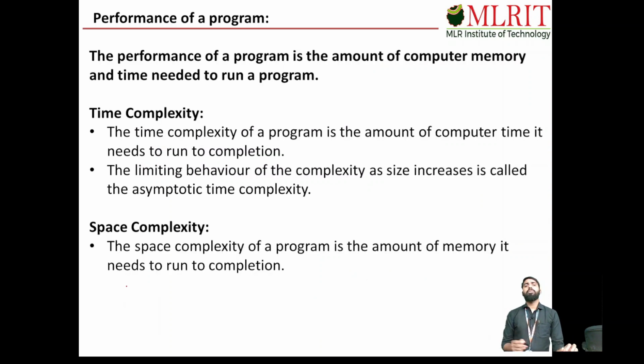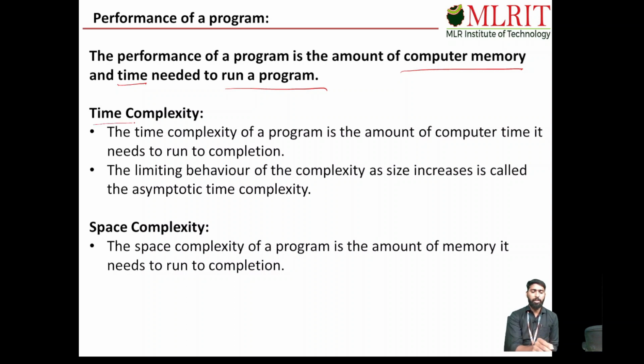Now, coming to performance of a program. The performance of a program is the amount of computer memory and time needed to run a program. We measure the performance of a program based on how much memory it occupies and how much time it takes to run the program.